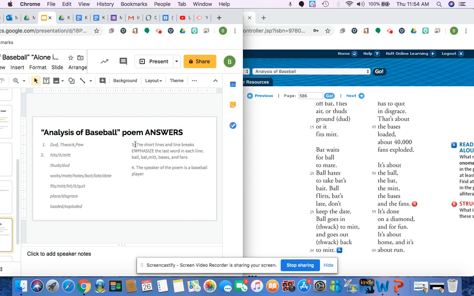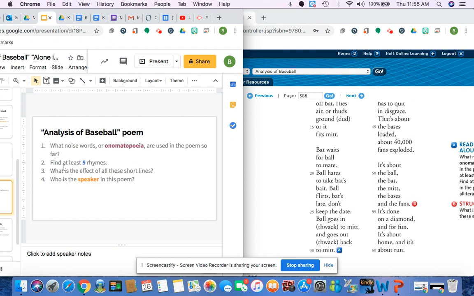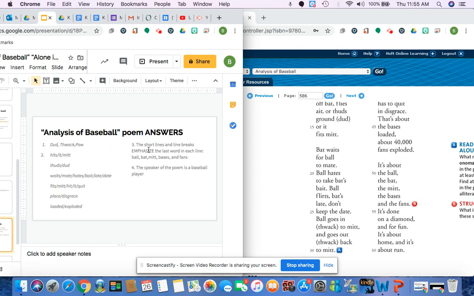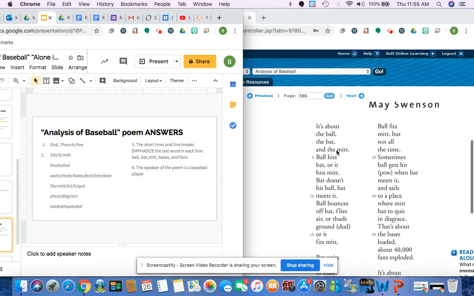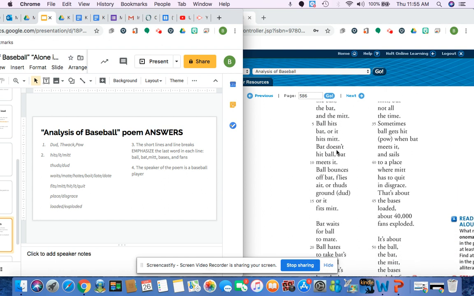And you also have to remember the third question, which is what is the effect of the short lines? Short lines and line breaks emphasize the last word in each line. So ball, bat, mitt, bases, and fans. I know I'm going through this pretty quickly, it's because I've run over my amount of time that I'm supposed to make the screencast last. But all of those words are there to be emphasized.